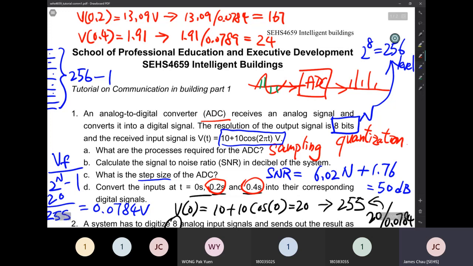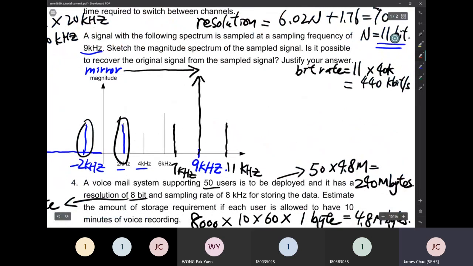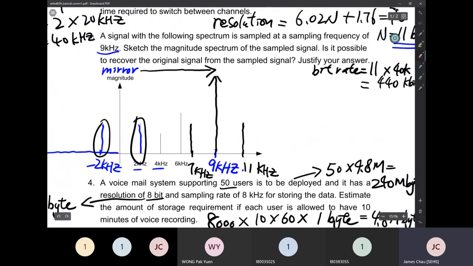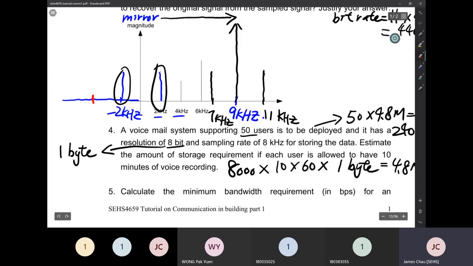And now we come to question 3. Now, I asked you to complete the other frequency signal. So, for the original spectrum, at the position minus 4K, now you have this signal.